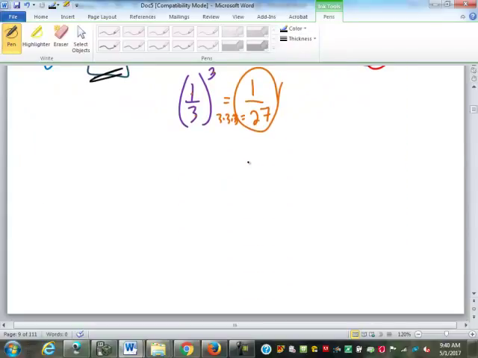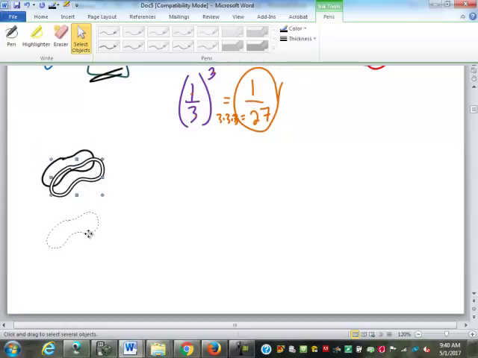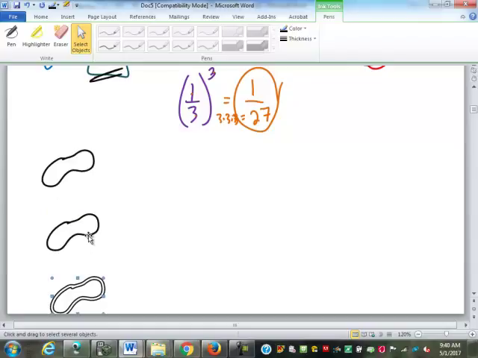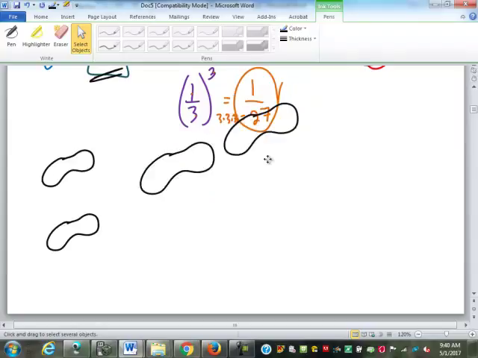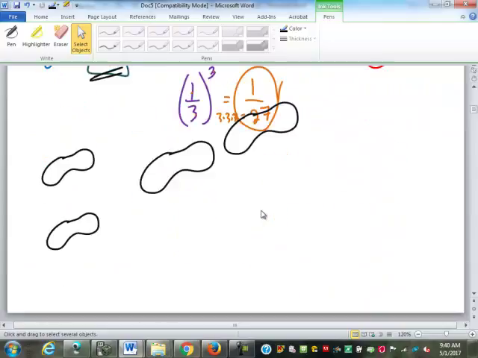So I could have a really weird shape like that. Let's get back here.